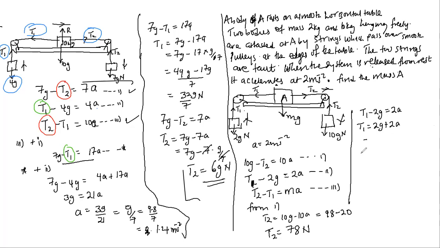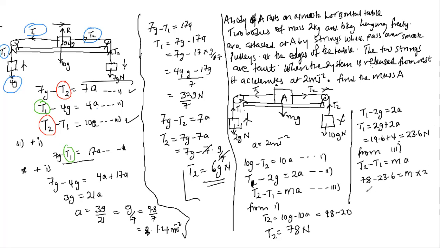So finally, I can substitute into equation 3 to get mass. From equation 3, T2 minus T1 is equal to MA, and we are looking for M. So it gives us 78 minus 23.6 is equal to M times 2.